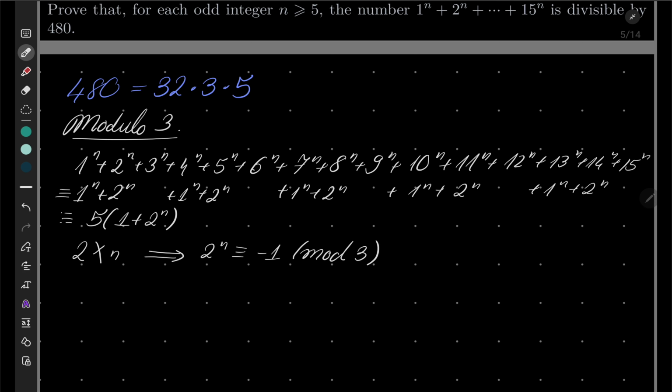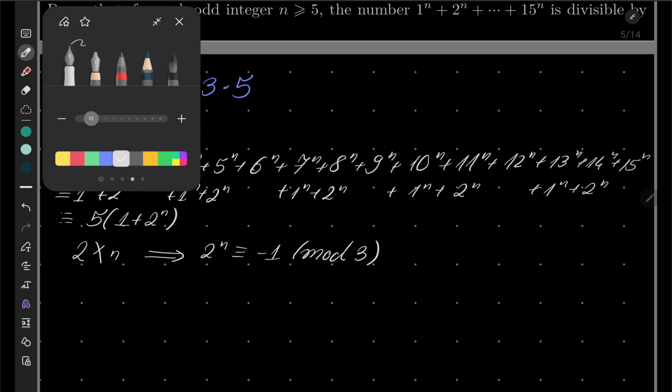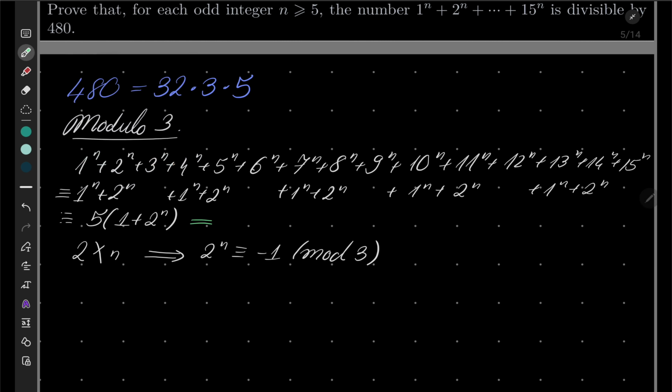It's easy to see that 2 to the nth power alternates. 2 to the power of 0 is congruent to 1, 2 to the first power is congruent to -1, 2 to the second power is again congruent to 1, and so on. It alternates, which implies that our number is congruent to 0 modulo 3.